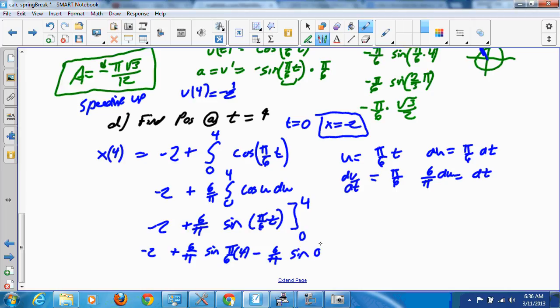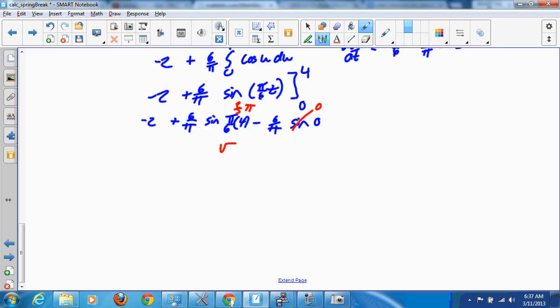Well, this is lucky for us, I suppose, that sine of 0 is what? 0. And this becomes the sine of 2/3 pi, which we already found earlier to be positive square root of 3 over 2.